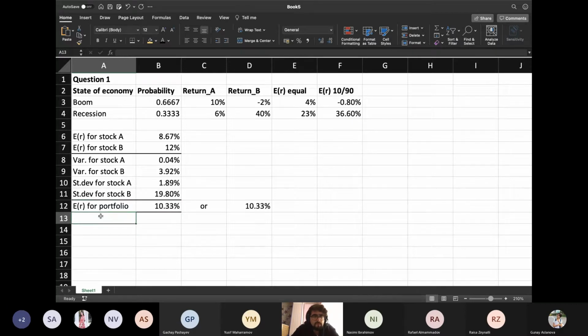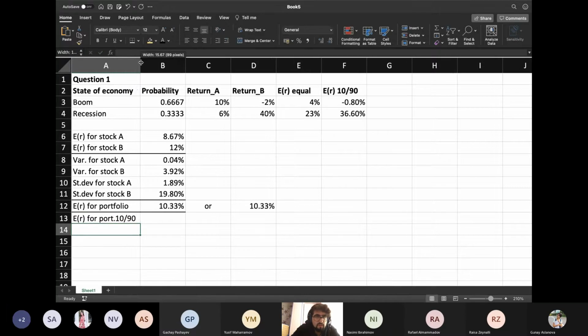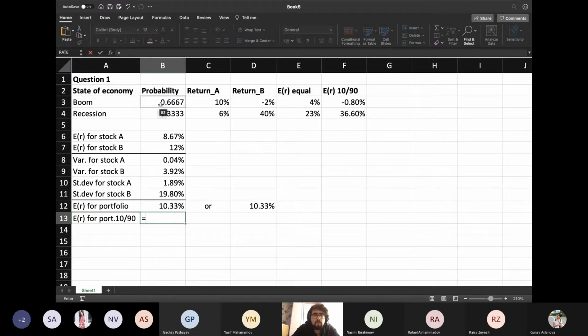This is a separate question. ER portfolio. Let me write on. So this is for equal proportion. This is for 10/90 proportion. The corresponding probability of each return.